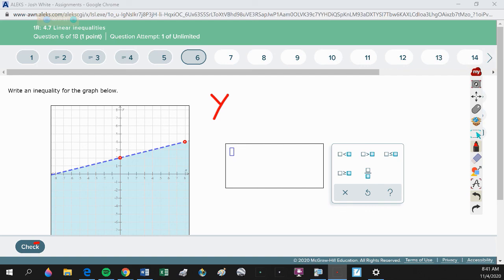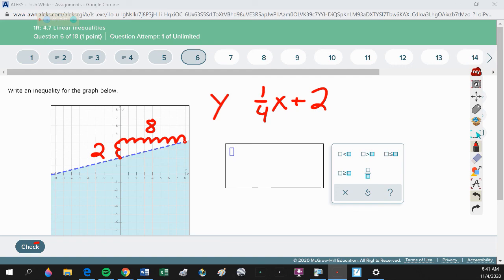What's the slope of this? 1, 2. 1, 2, 3, 4, 5, 6, 7, 8. That simplifies down to. So I have a rise of 2 and I have a run of 8. 1/4 x. What's the y-intercept? Plus 2.